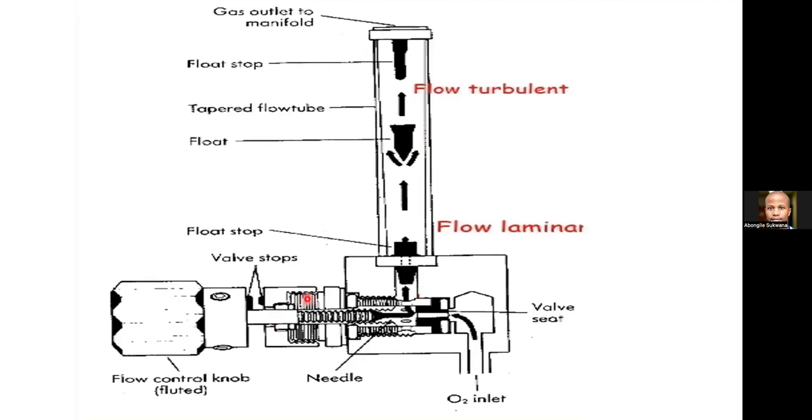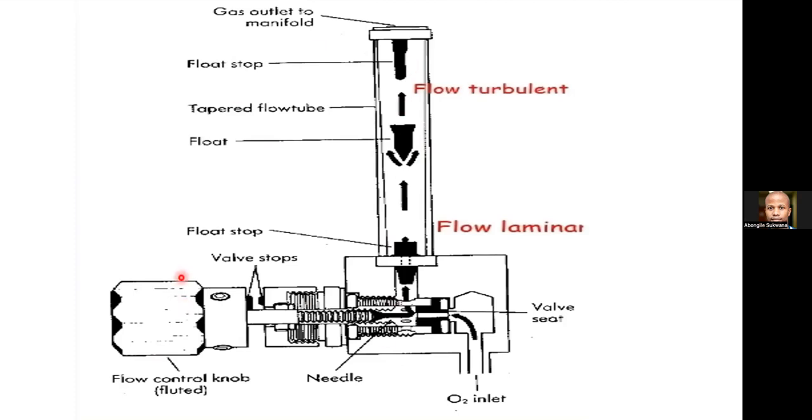And then it also has anti-static material that will prevent the bobbin from sticking to the sides of the tube. So just keep that in mind. You can turn the control knob clockwise or anti-clockwise. When you turn it clockwise, you're opening it. When you turn it anti-clockwise, you're closing it.